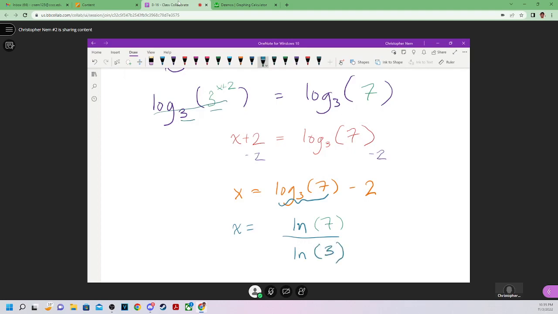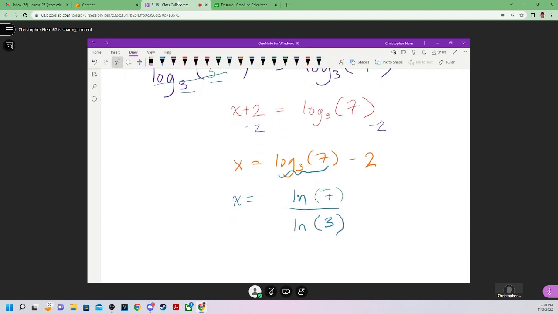I choose any base I want. You could have written this as log 7 over log 3. You could have written this as log base 2 of 7 over log base 2 of 3. You could have written this as log base 7 of 7 over log base 7 of 3. The issue with any other bases besides natural log and common log is that you can't put them in your calculators. So it's very helpful if you choose natural log or common log.